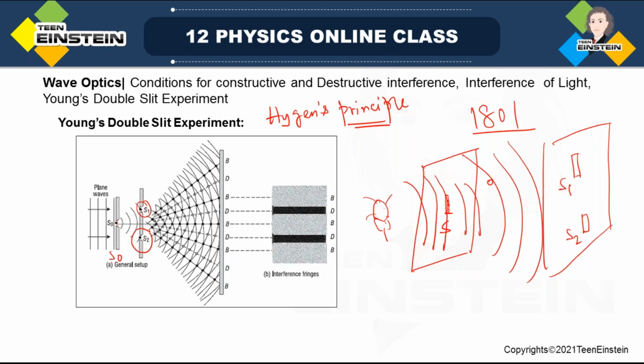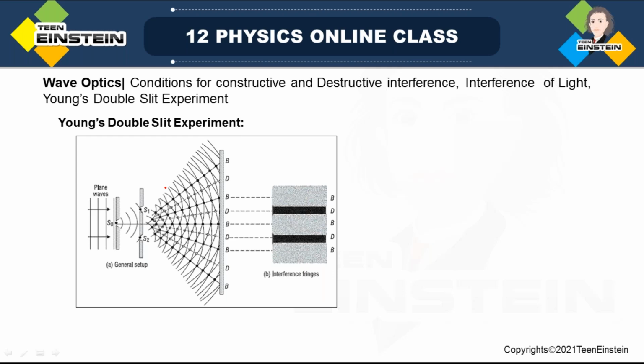That means they will definitely have a constant phase relationship and the same frequency. So these two sources will act as coherent sources. This is how he created coherent sources in the laboratory, and then upon superposition, he kept one screen.